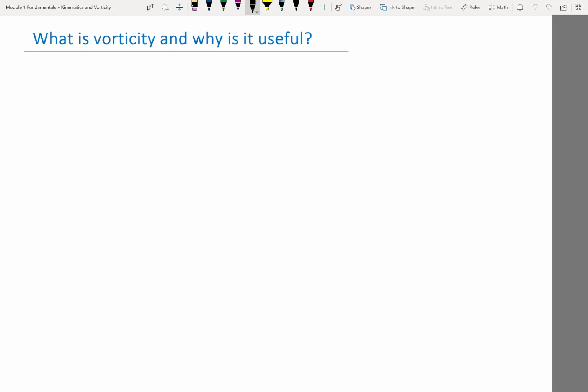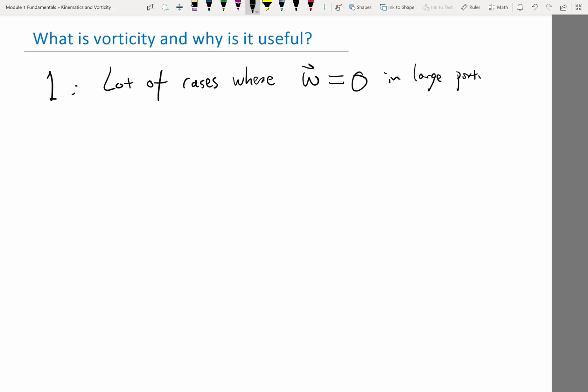Let's see. Reason one is there is a lot of cases where omega is exactly equal to 0, right, in a large portion of the flow field.